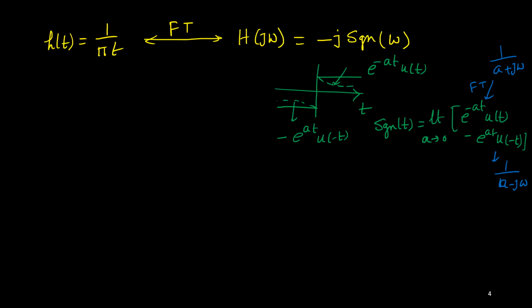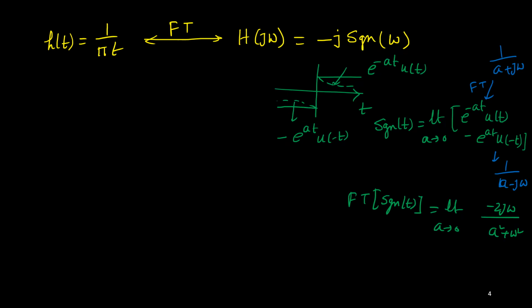So easily we can see that the Fourier transform of signum t is the limit a tends to 0 of the linear combination of these two, this minus this, which is minus 2 j omega upon a square plus omega square.